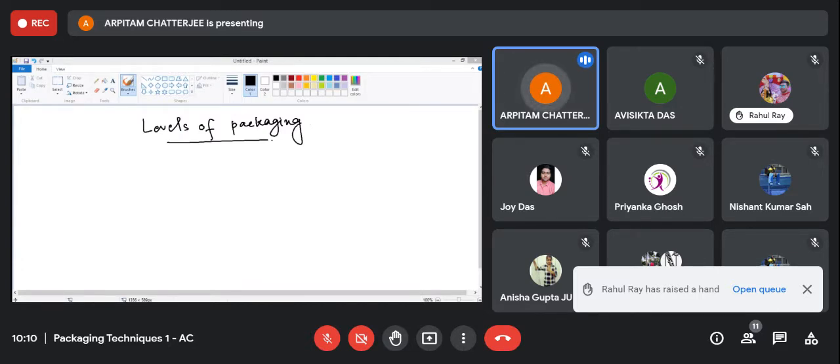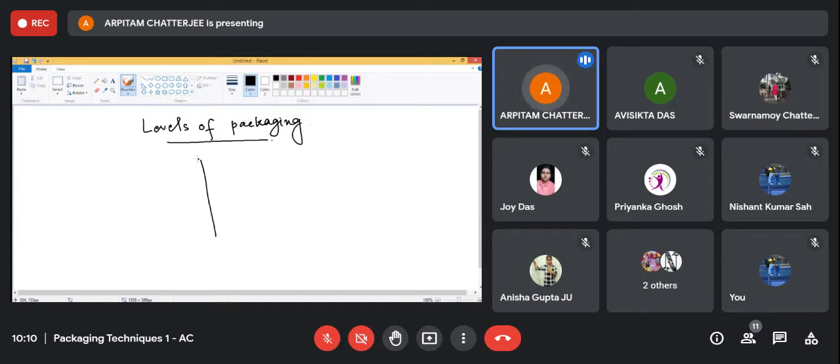If we consider that in a brief way, suppose you have a box, and inside the box you have the syrup bottle. Here you can see there are two levels of packaging. One is the packaging which actually contains the product.